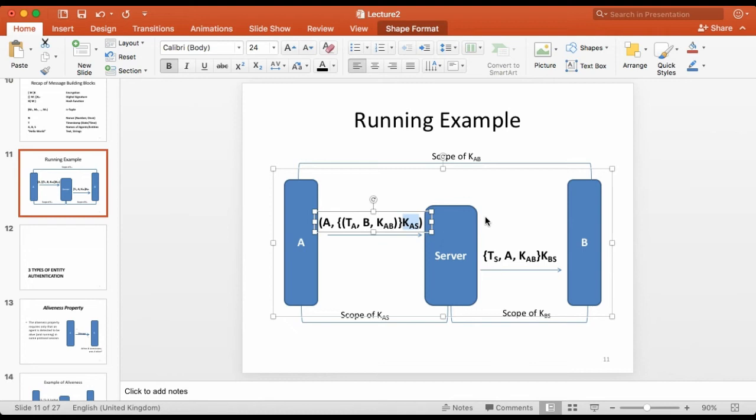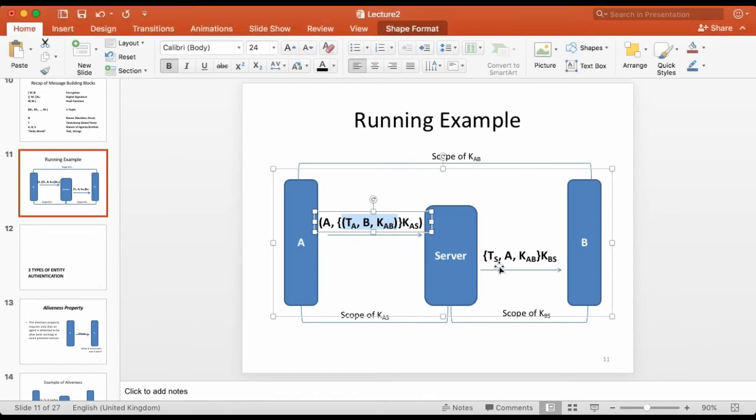It will use it to decrypt this whole thing and release its internal content, which is the timestamp, B's name, and the key which Alice is proposing for future communications with Bob, which is KAB.